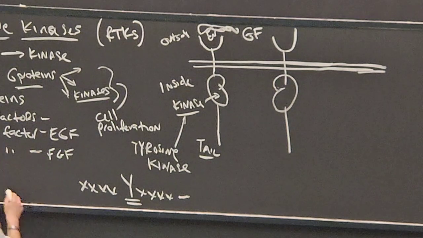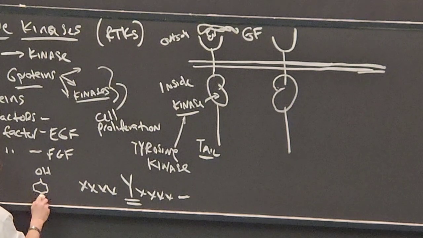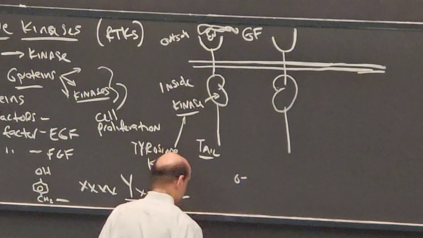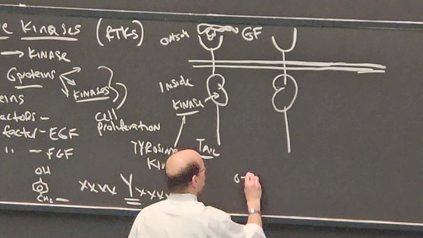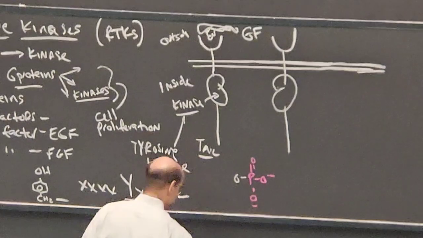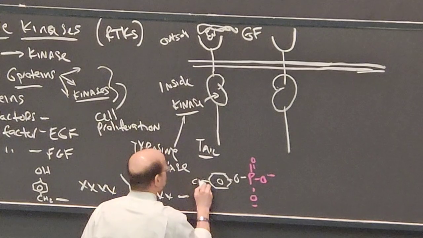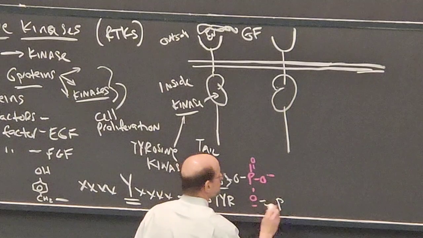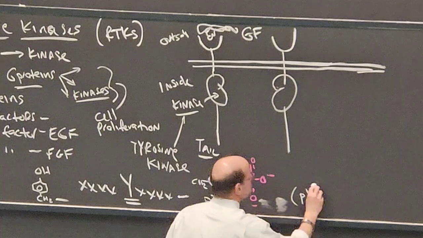I guess I should draw for you, in case you've forgotten, the side chain of a tyrosine residue, and it's going to turn that tyrosine residue into a phosphotyrosine, which I may abbreviate as PY.